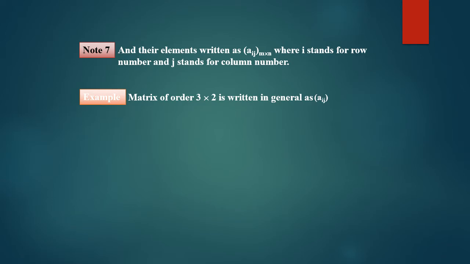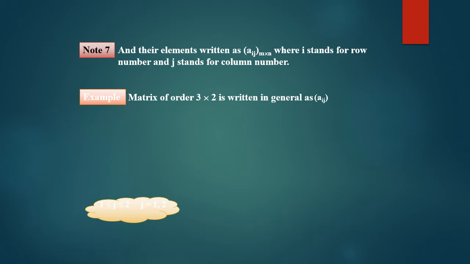When we are considering a 3 cross 2 matrix, i is greater than or equal to 1 and less than or equal to 3, so i can take the values 1, 2, 3. Similarly, j is greater than or equal to 1 and less than or equal to 2, so j takes the values 1 and 2. Now we will write down the elements of the 3 cross 2 matrix.